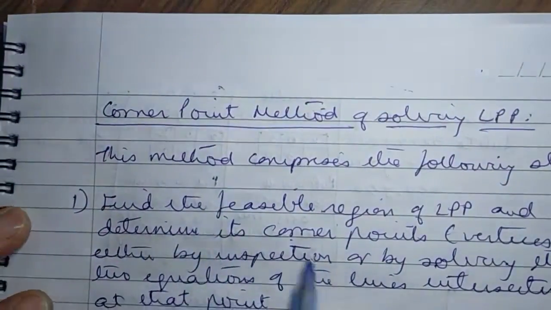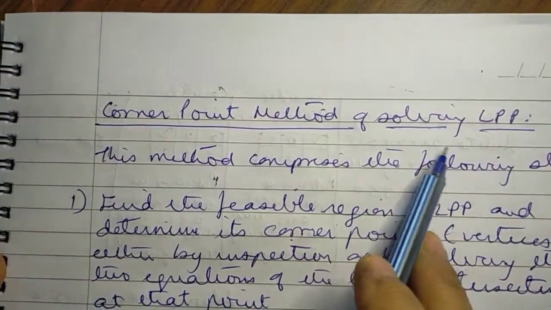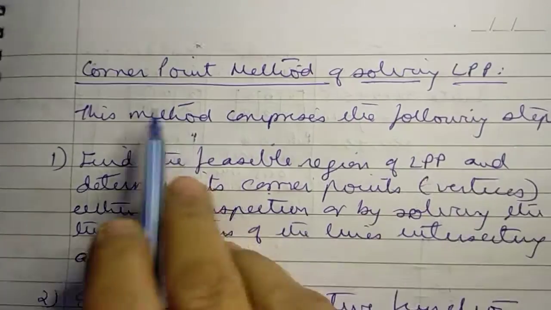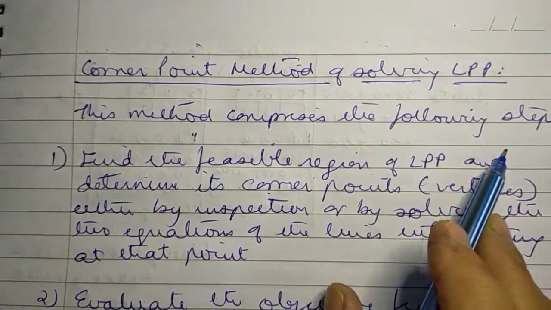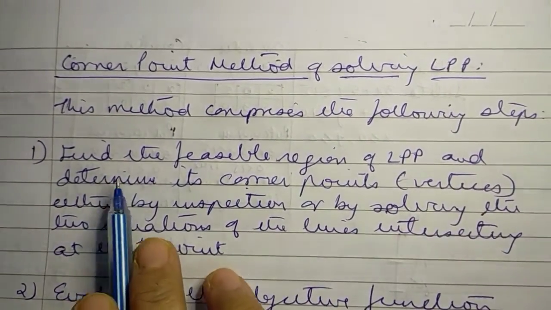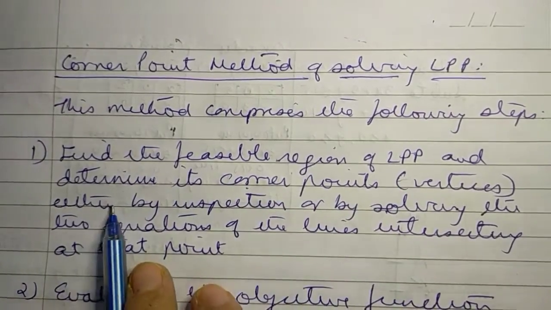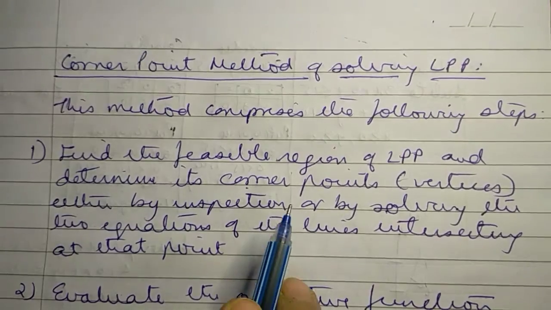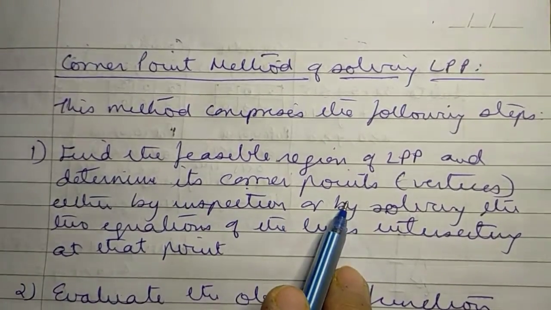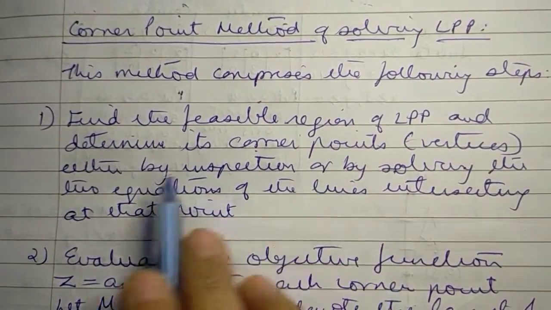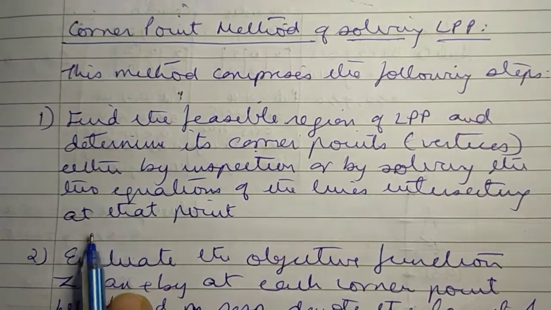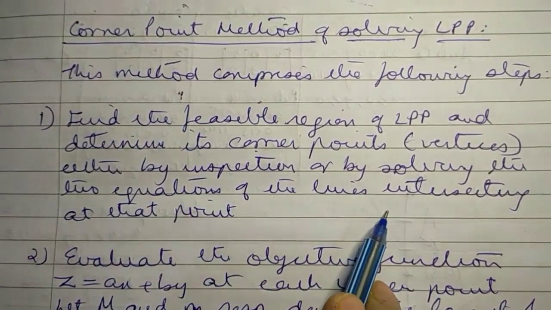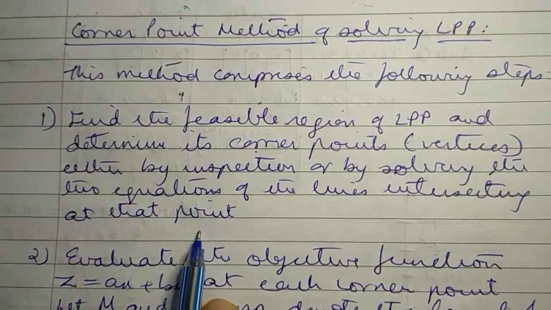Now let us discuss the basic points of the corner point method of solving the LPP. This method comprises the following steps. First, find the feasible region of LPP and determine its corner points, which we did as step 1 of the solution in the previous video. And how do we find the corner points? Either by inspection or by solving the two equations of the lines intersecting at that point.